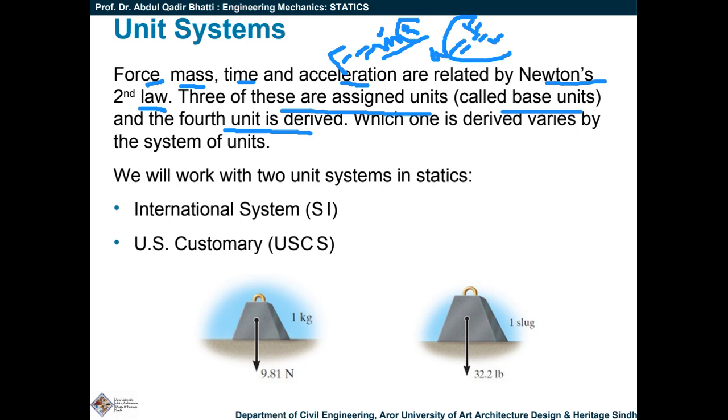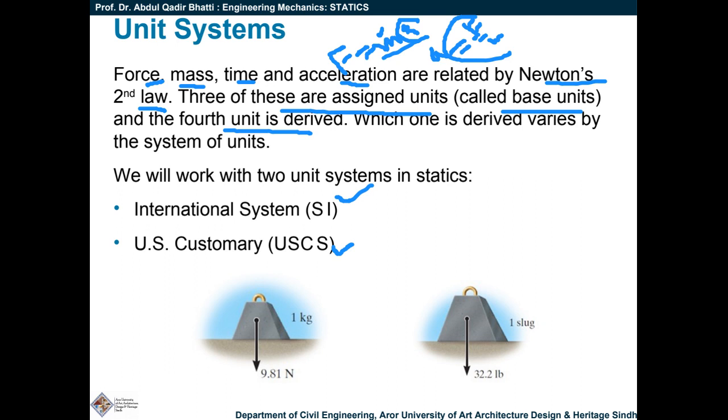And then we have two systems of units. Okay, one is the international system, the other is the US customary system. Nowadays, normally we use the international system of units.